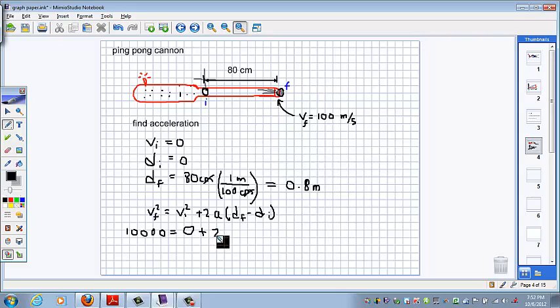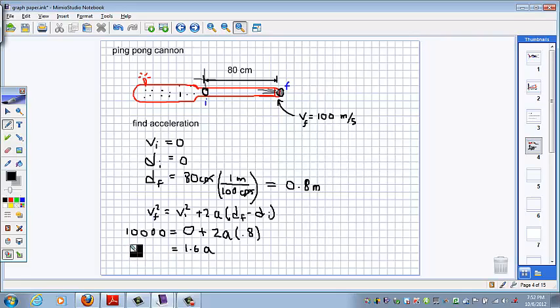We've got 2 times our unknown a, and our d final minus d initial would be 0.8 meters minus 0. 0.8 minus 0 is 0.8. Notice how I use the meters, not the centimeters. We can multiply the 2 times the 0.8 right now and call that 1.6. 1.6 times a. Plus 0 is still 1.6a.